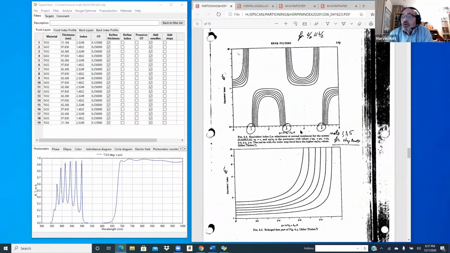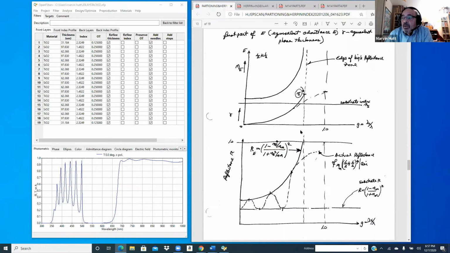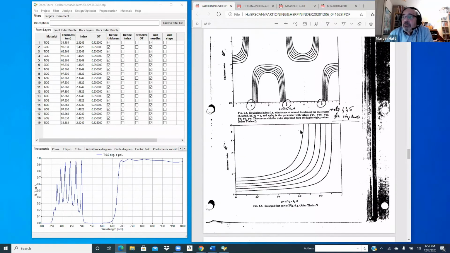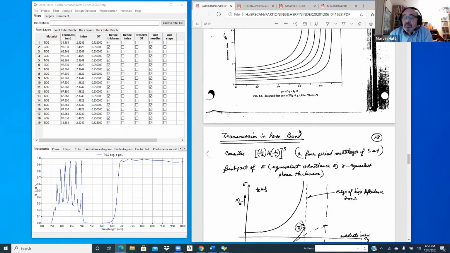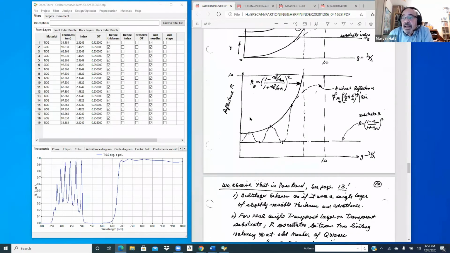Now, let's go back now to the oscillation problem, okay? That's occurring in the stack. Now, here is the problem. This is the reflectance. Here is the envelope. RE is the index of the whole film.